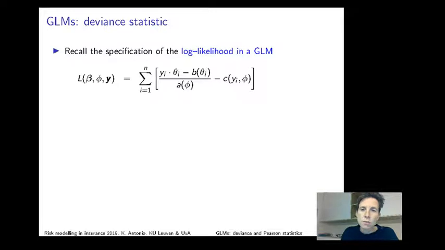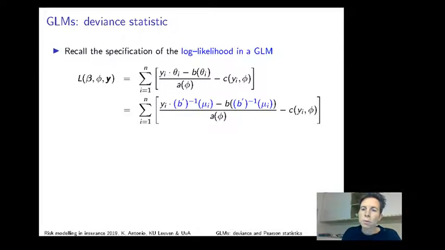And to see its general specification, let us start again from the log likelihood of a generalized linear model in the general notation developed in this deck of sheets. Using the relation between the parameter theta and the mean mu_i of response or observation i in the GLM framework, you will replace the theta_i with b prime inverse evaluated in mu_i.